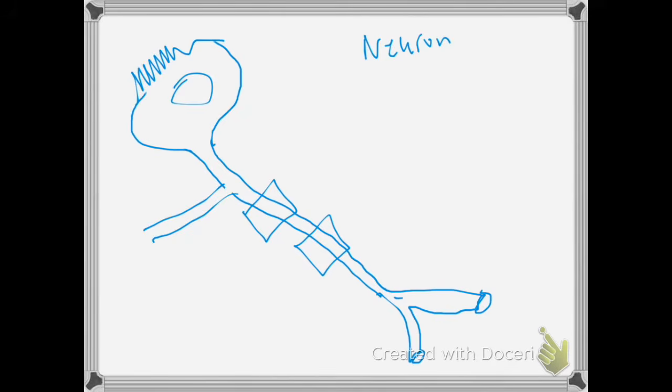A neuron is a cell, and we'll say it's the functional cell of the nervous system. So it's going to conduct impulses. And you can get familiar using these words, action potential, instead of nervous impulses.